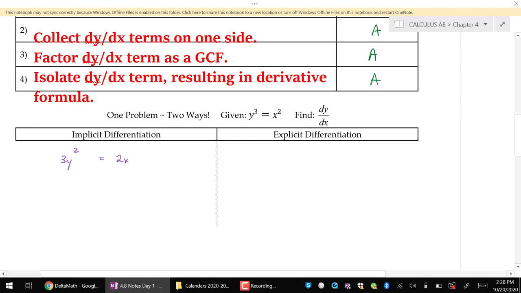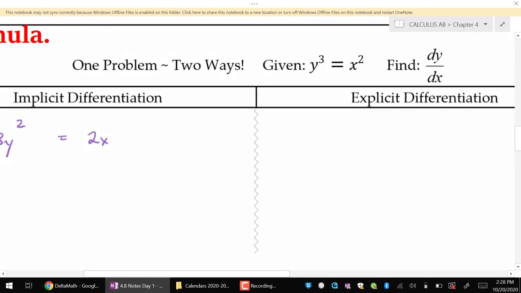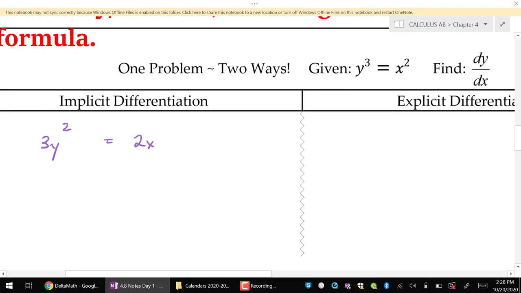Now that actually is incorrect because we're trying to find the derivative with respect to x, and my first variable ended up being a y. So while 3y squared is the correct use of power rule, what I didn't write down was the chain rule component. I've got to multiply every little y piece by dy/dx because I'm going to treat y as its own function, as its own sort of inside argument right here.